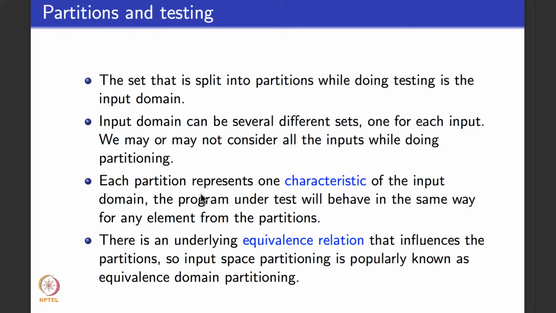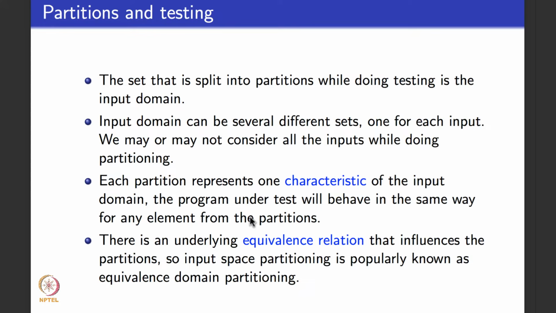It is believed that each partition of an input domain represents one property, or in the testing jargon, we call it characteristic. It represents one characteristic of the input domain, and the program that is being tested will behave in exactly identical way for any input value from each partition.